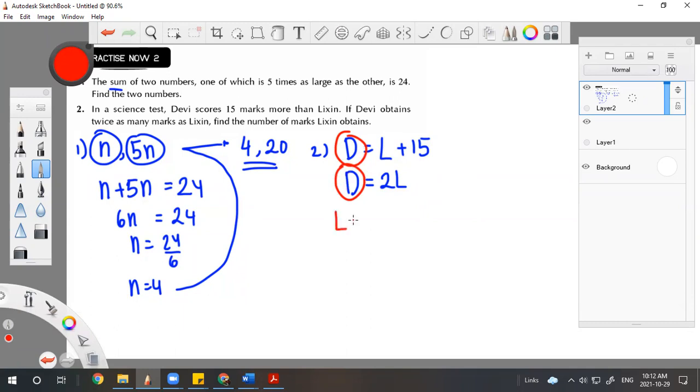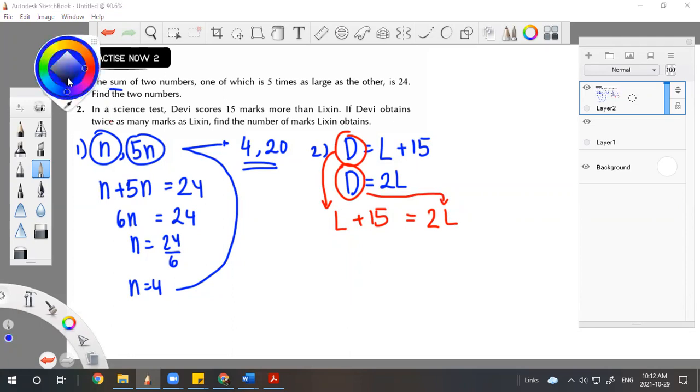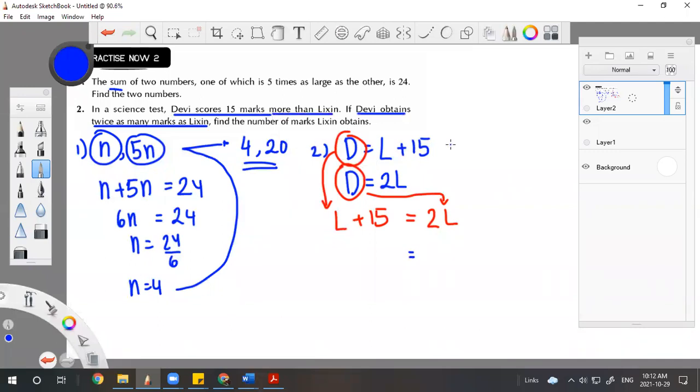So L plus 15 equals 2L, because this is for the first clue of Devi, and this is for the second clue of Devi. The same Devi obtains the same score, of course, right? So we can write like this. Devi obtains twice as many as Lisin, 2L, and Devi scores 15 marks more than Lisin, the first clue.